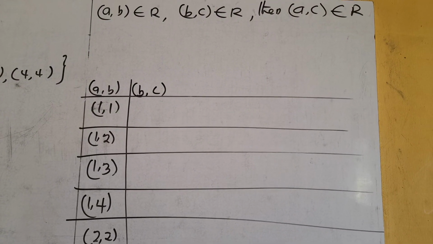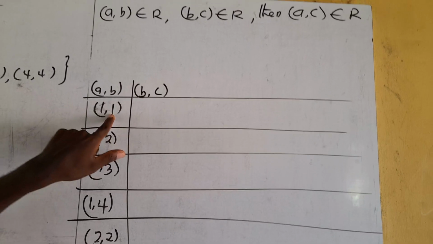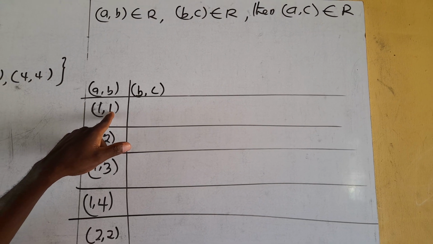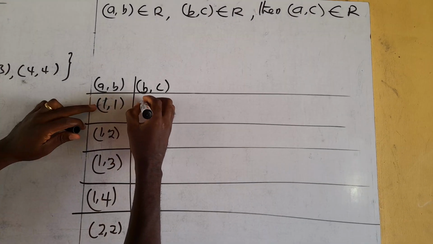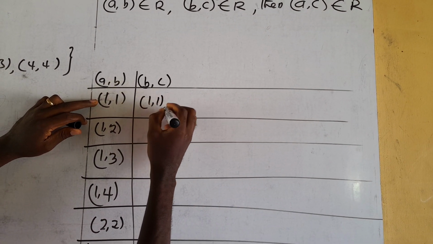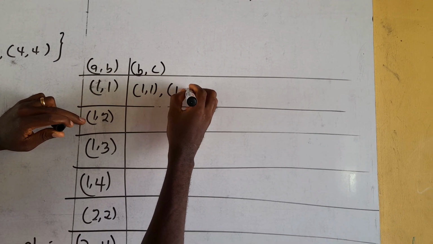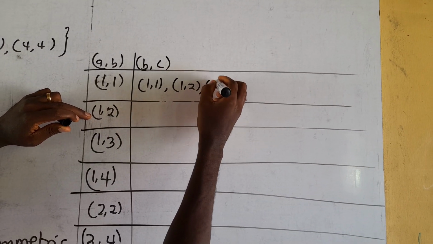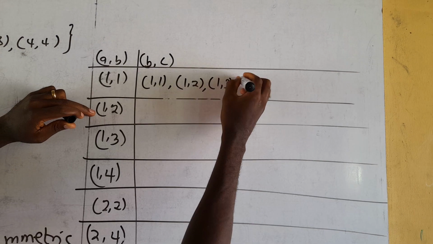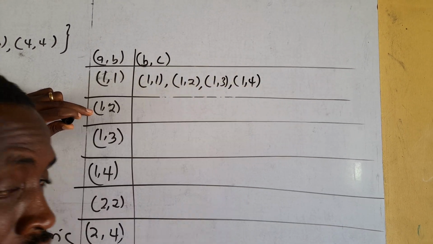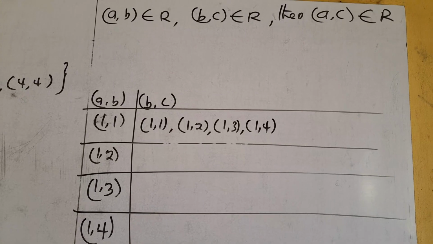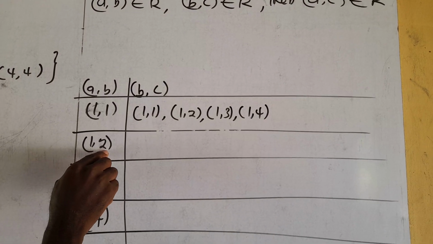So if I reach here with 1, 1, I'll list the other pair where the 1 starts here. So we have 1, 1, then we have 1, 2, then 1, 3, and 1, 4. So when I come here, I'll list the other pair that 2 begins.